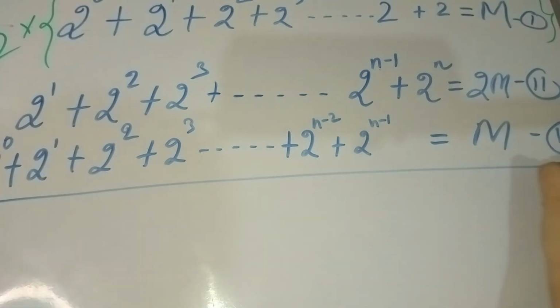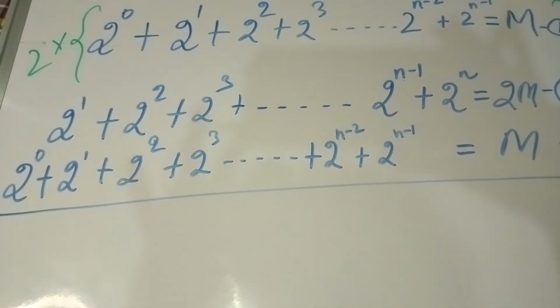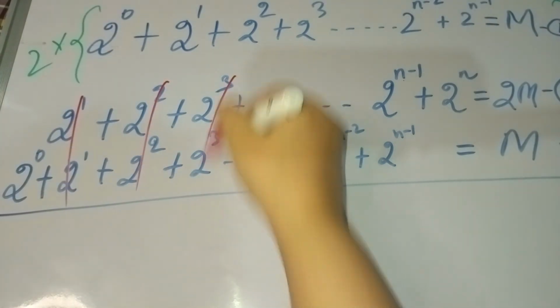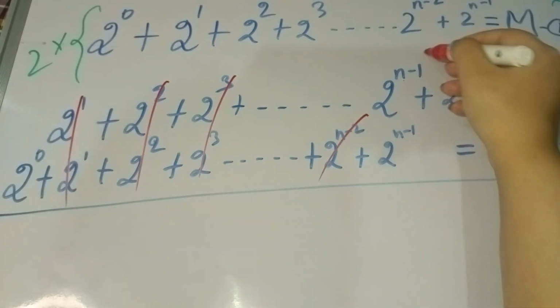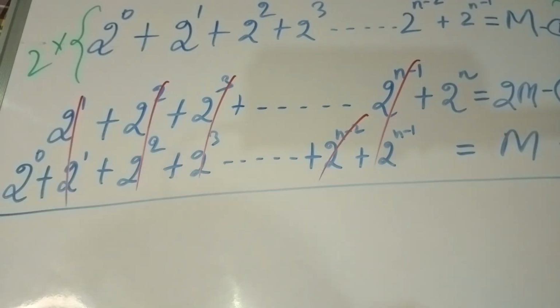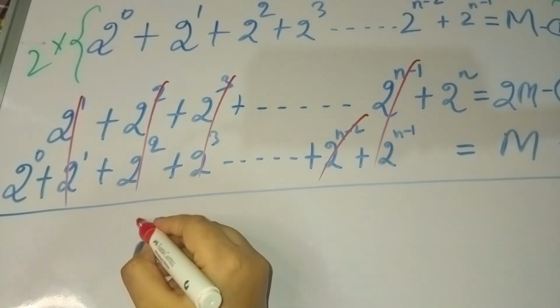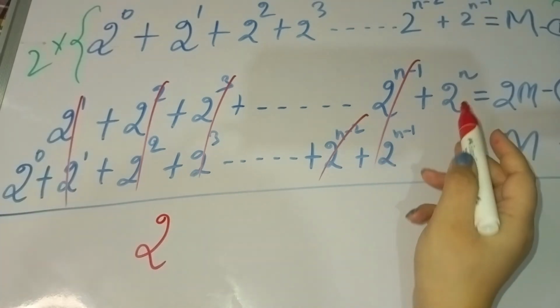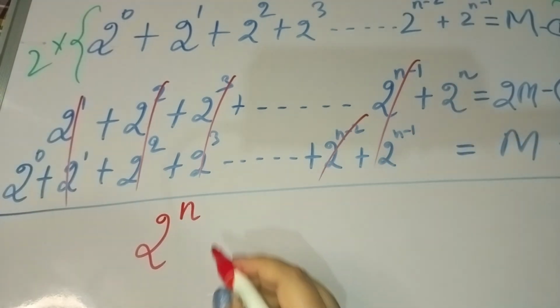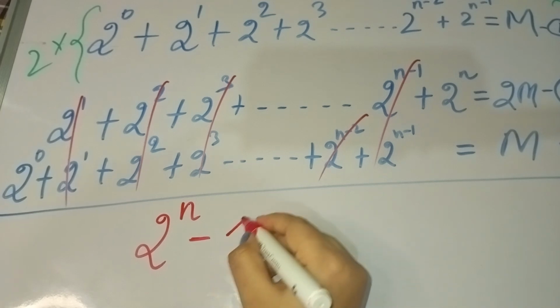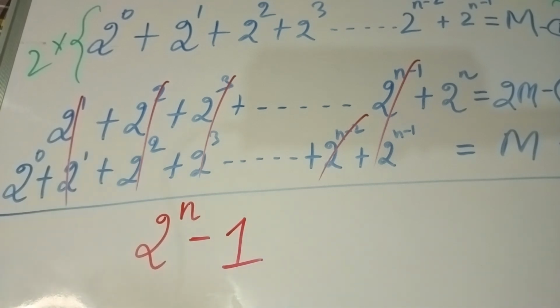Now I'll subtract it, and when I subtract it, you can see everything will get cancelled. So in the end, what will be left is 2 to the power n, minus 1 will be left. 1 is 2 to the power 0, and 2 to the power 0 is equal to 1.